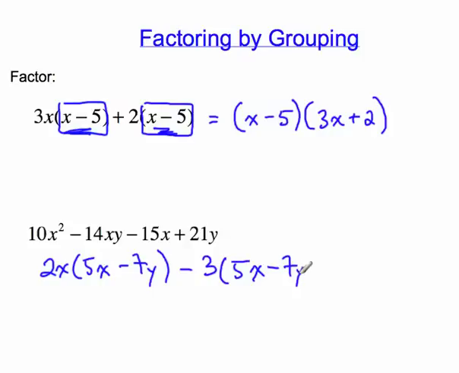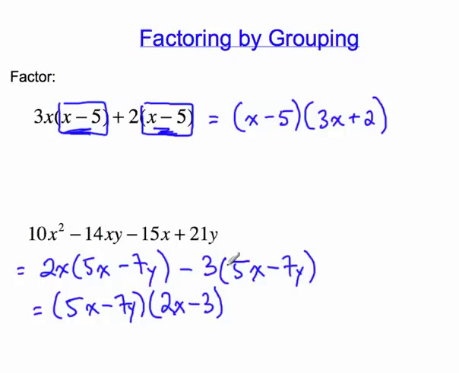If we've taken out negative 3, we're left with negative 7y when we divide that out as our second term. And now again we have the same situation as above. We can bring that 5x minus 7y out front as a binomial common factor, and we have 2x minus 3 left. So that's factoring by grouping. Essentially, we've common factored out of the first 2 terms, common factored out of the second 2 terms, and then common factored the binomial.